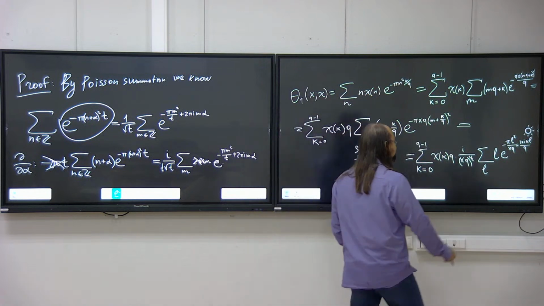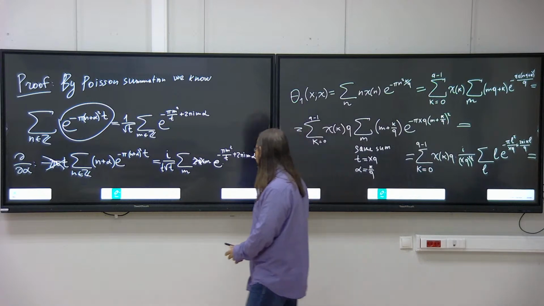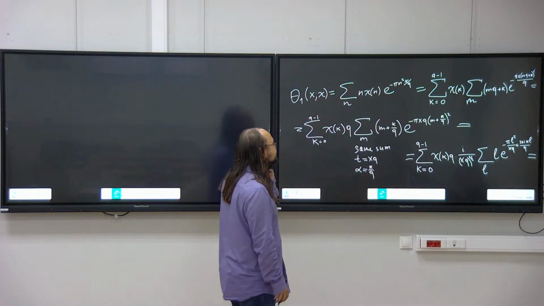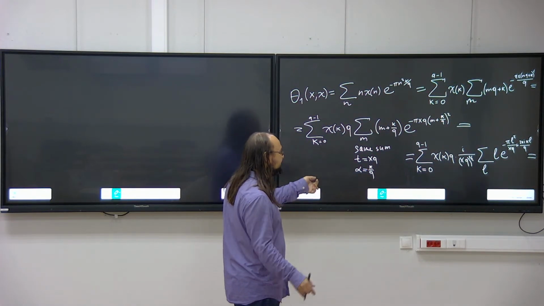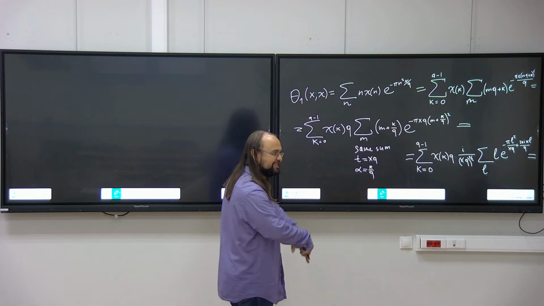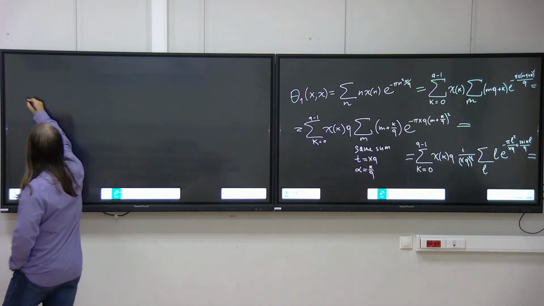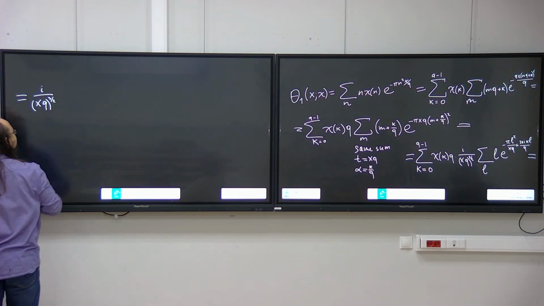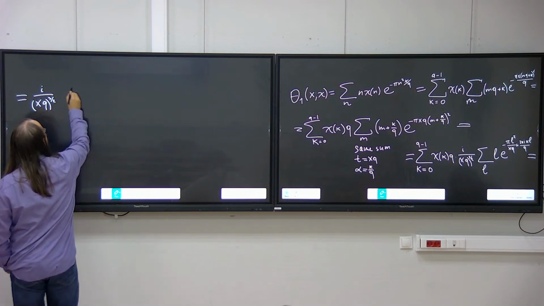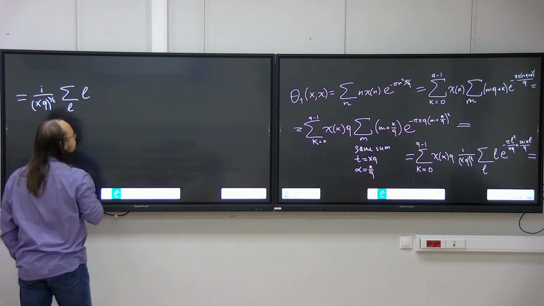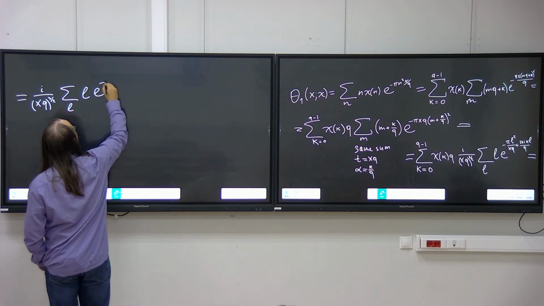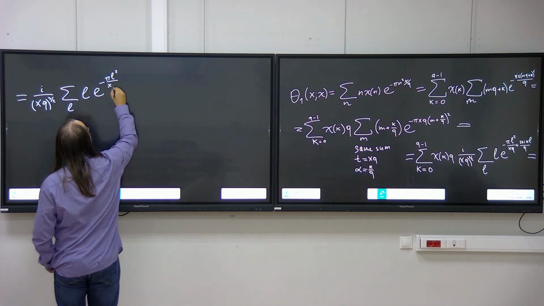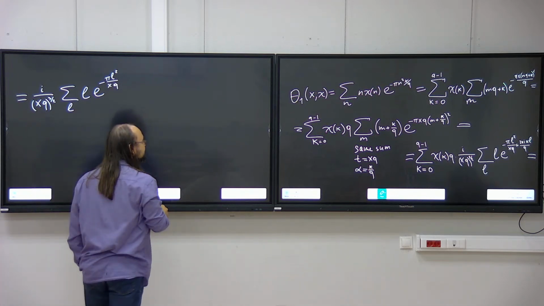Okay, now we need to continue the transformations. So this should now be equal to the sum over all L and then the sum over k inside of it. So this is equal to i over x q to the power 3/2, multiplied by the sum over all L of e to the power minus pi L squared over xq, and then you have the inner sum.